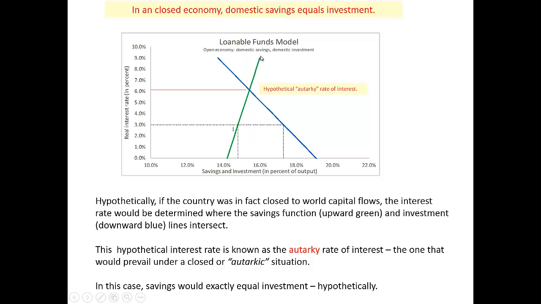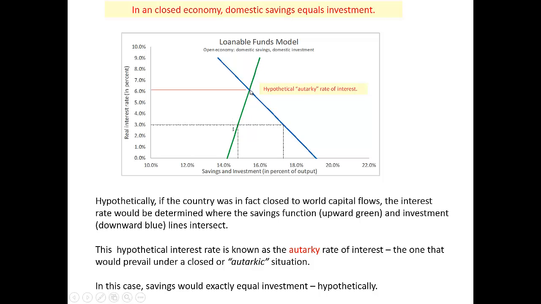Recall that the loanable funds model has on its horizontal axis savings and investment, and on its vertical axis the real interest rate. This upward sloping blue line tells us saving increases when the interest rate increases. Why?